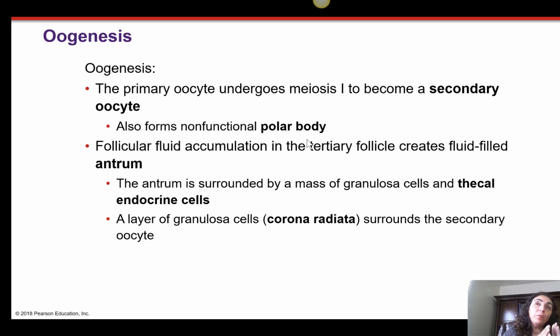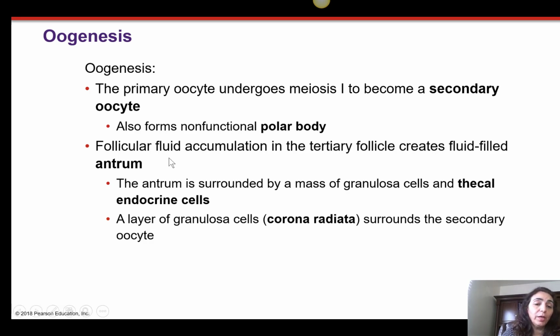But here, when the primary oocyte divides, we have 1 secondary oocyte, and the other cell that is produced does not receive much of the cytoplasm, therefore it does not remain viable and at one point will die. That one is called the polar body. So it will never be able to fertilize anything, right? It goes away and dies. So we have 1 secondary oocyte and 1 polar body.